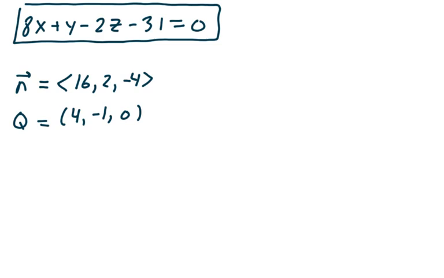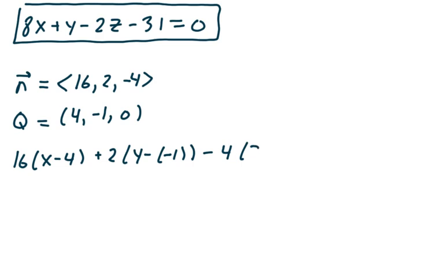We should come up with the same equation. So if we take 16 times x minus 4 plus 2 times y minus negative 1 minus 4 times z minus 0 and set this equal to 0.